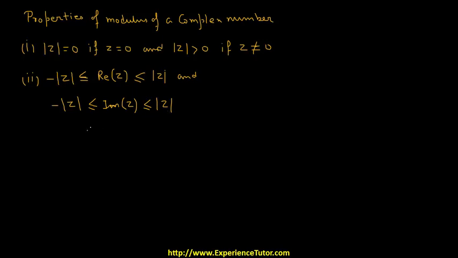Third, modulus of z1 z2 is equal to modulus of z1 multiplied by modulus of z2.